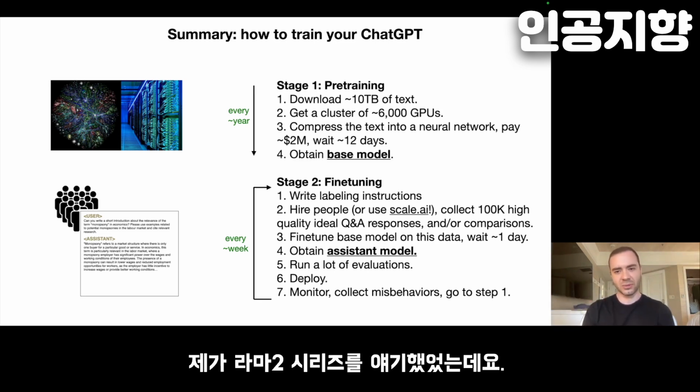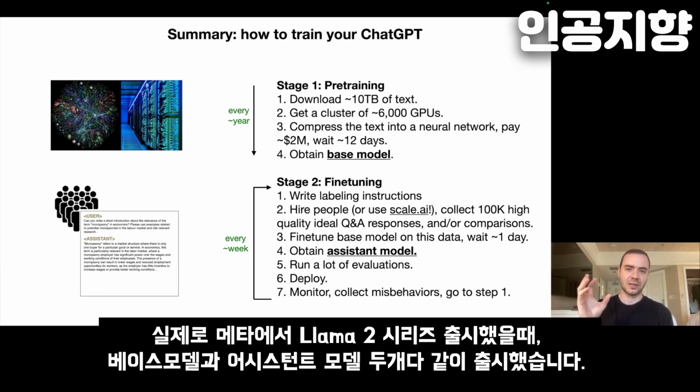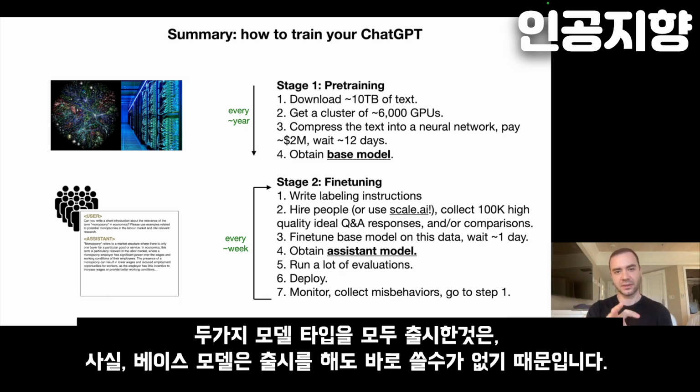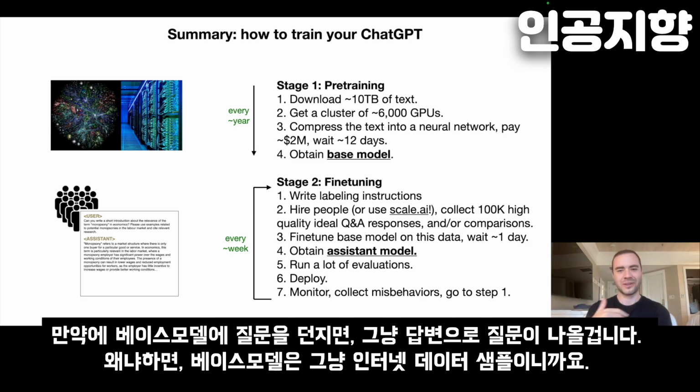One other thing to point out is, for example, I mentioned the Llama 2 series. The Llama 2 series, when it was released by Meta, contains both the base models and the assistant models. So they release both of those types. The base model is not directly usable because it doesn't answer questions with answers. If you give it questions, it will just give you more questions, or something like that, because it's just an internet document sampler.